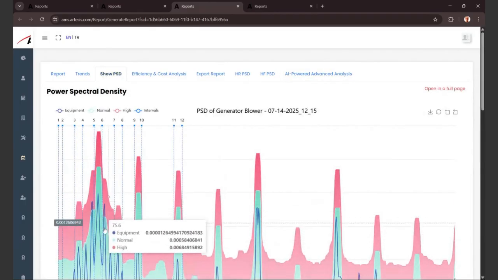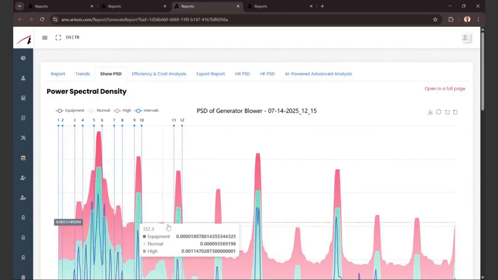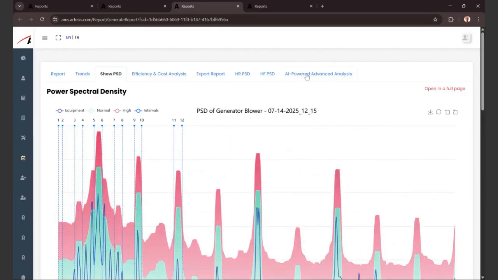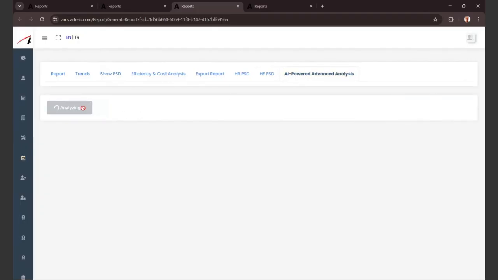Otherwise, you would see here, again, I can clearly see that that's actually quite high over here. So let's run the advanced analysis and see the results. Again, it is taking 30, 40 seconds. So this is done in real time, and that's why it's going to take some time to generate the report.